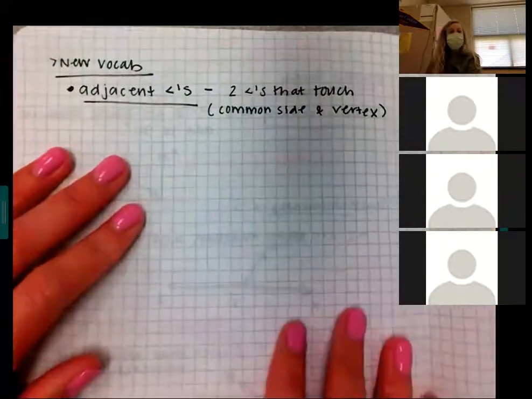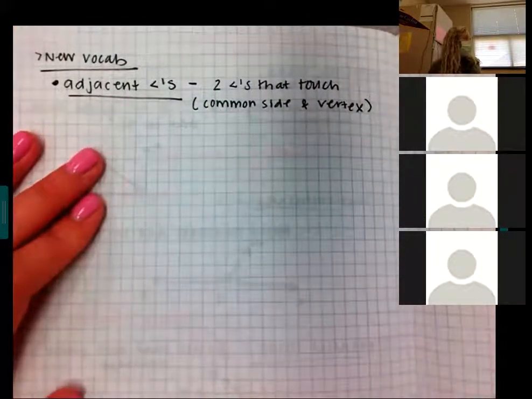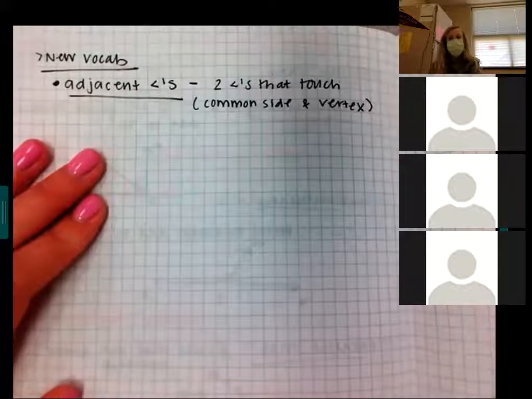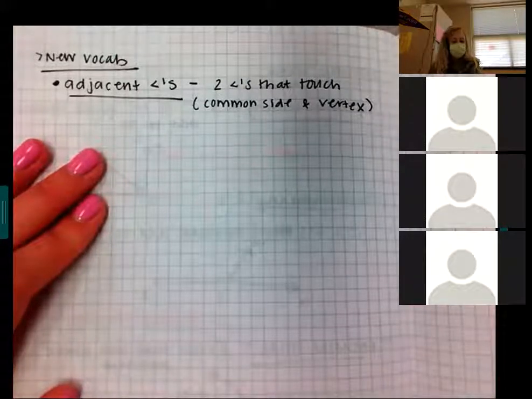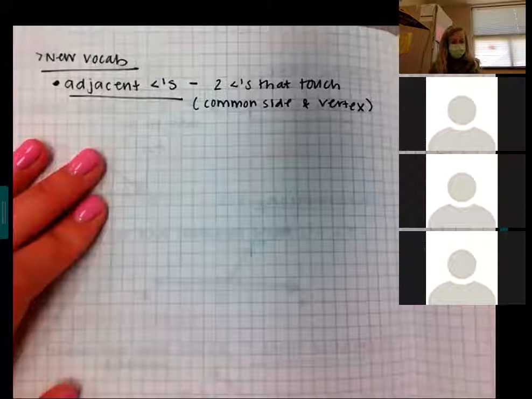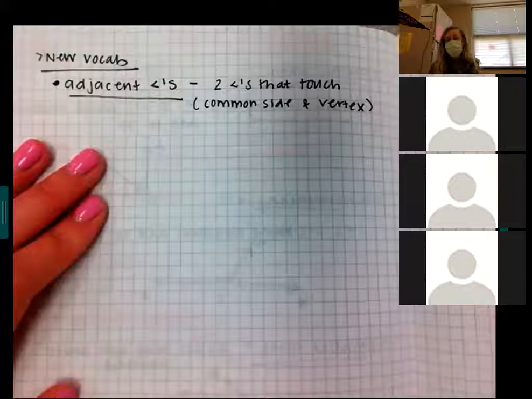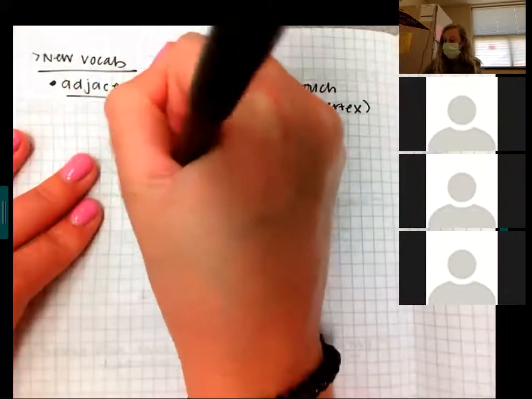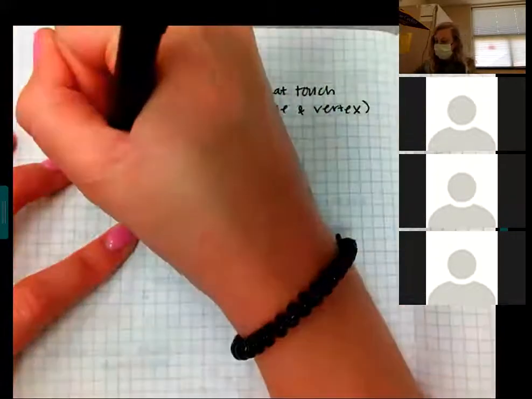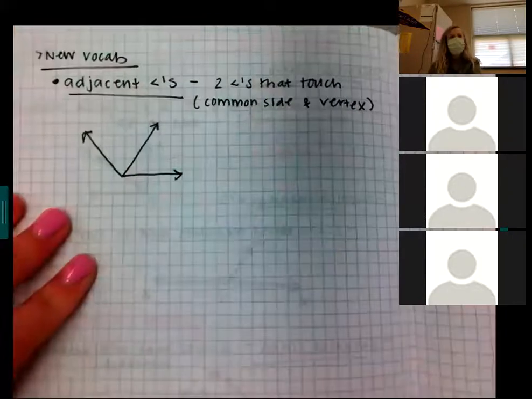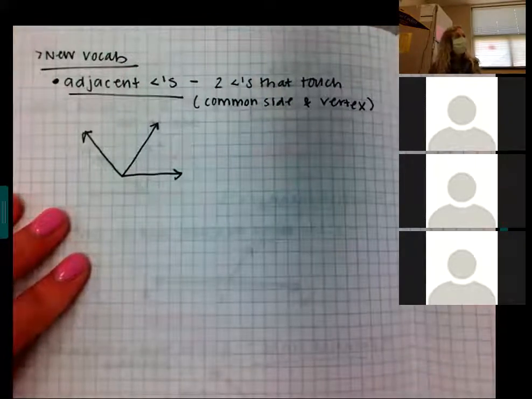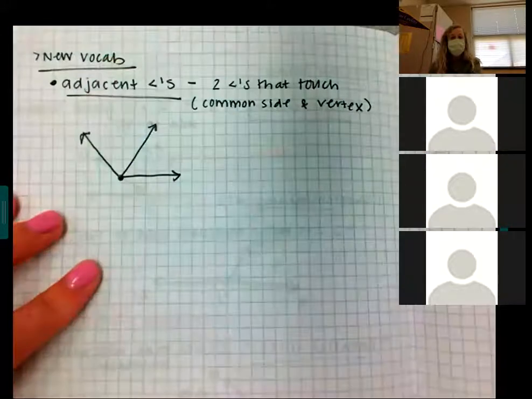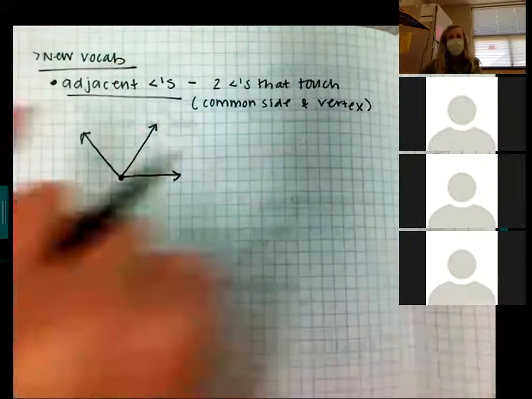Remember, the vertex is just the point, just like with a parabola. So do y'all agree if we draw this picture right here? That's two adjacent angles because they share the same point, vertex, and they share that middle side right there.